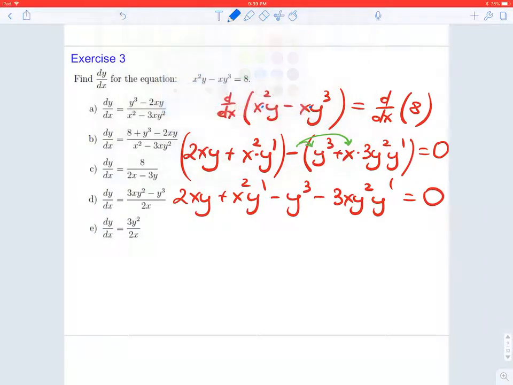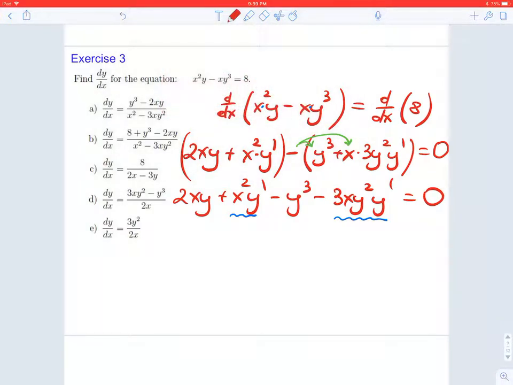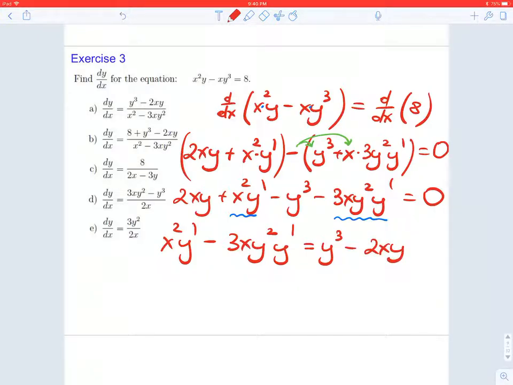I'm solving for the derivative. This means y prime, and y prime is here. I have to keep these terms on one side of the equation. x squared y prime minus 3x y squared y prime equals, and then I will add y cubed to both sides and subtract 2xy.